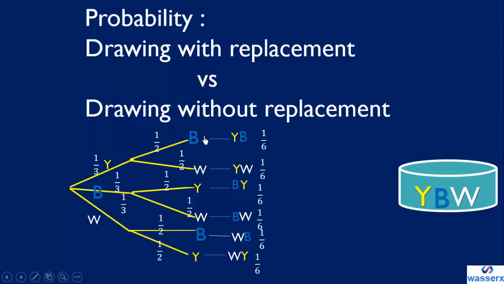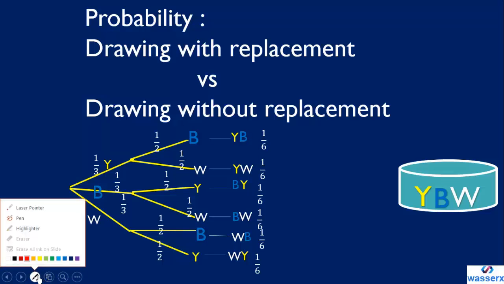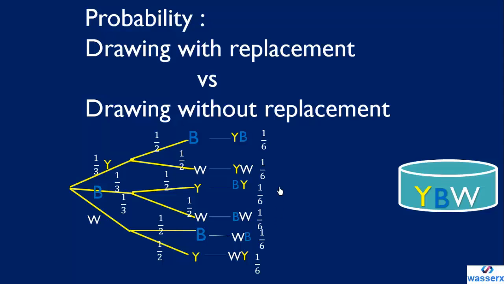So you can realize that if, for instance, we are interested in picking a yellow and a white ball, the probability of getting a yellow and a white ball when 2 balls are drawn is going to be this plus this. So the first one is 1/3 and the second is 1/2. That gives us 1/6 each over here.